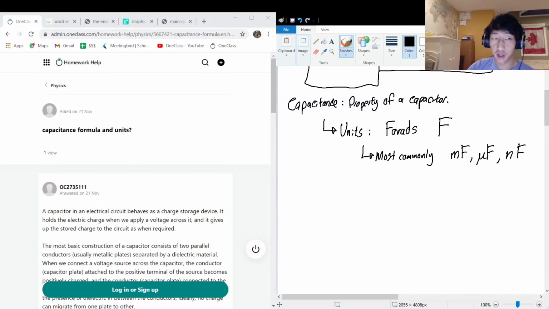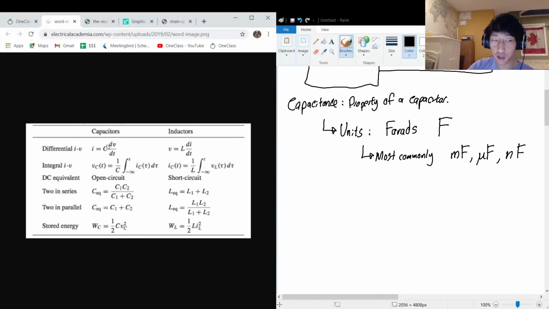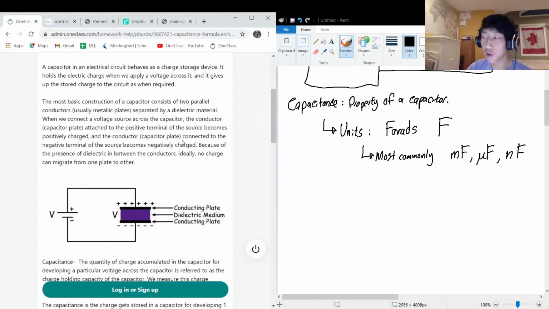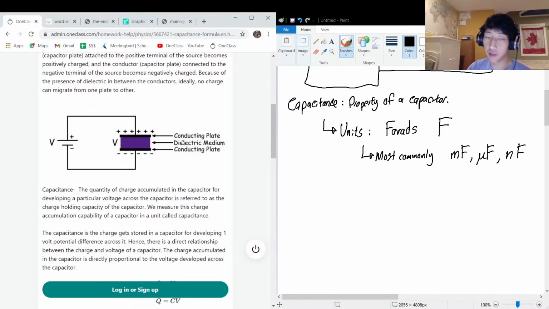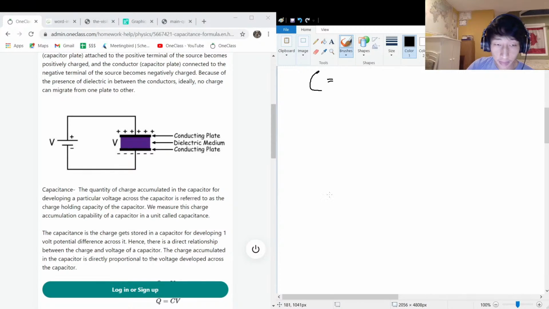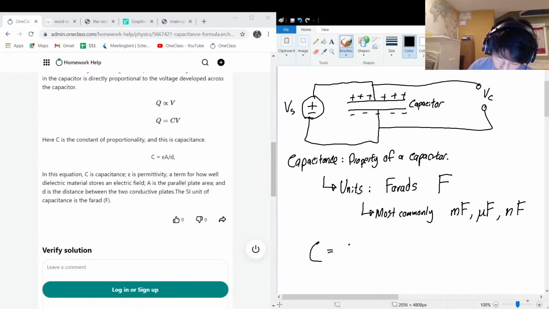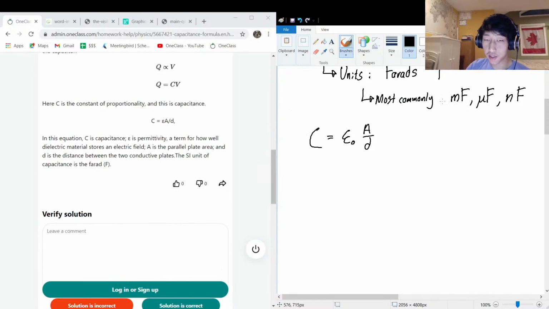Now, how would you find it? When I search up capacitor equations, that's not the one I want to start with. The one I wanted to start with is, if we only know the capacitor and we don't know what it's acting like in a circuit, we can figure out the capacitance. How this is calculated is C equals epsilon times A over D. I'll explain what some of these things mean.